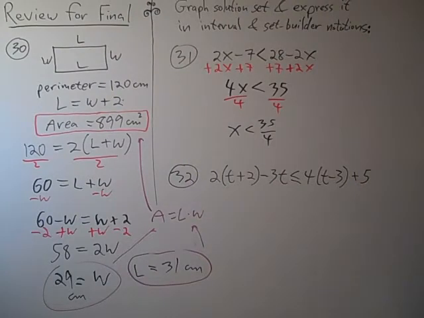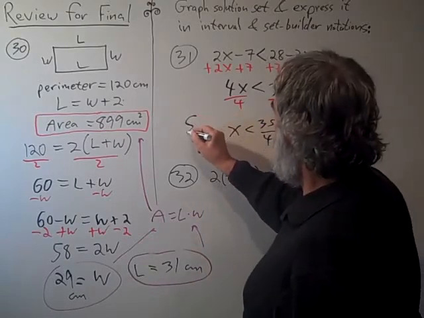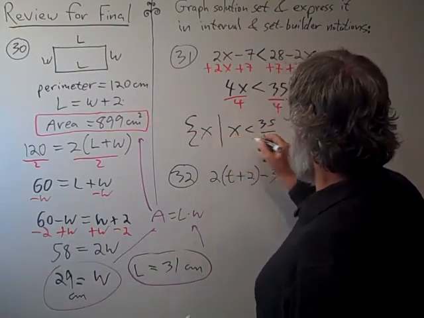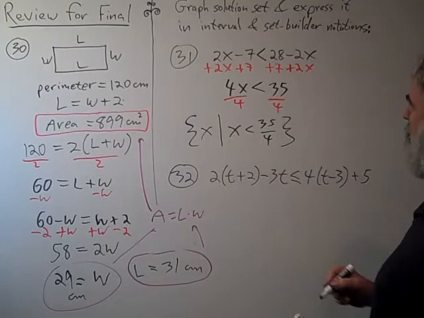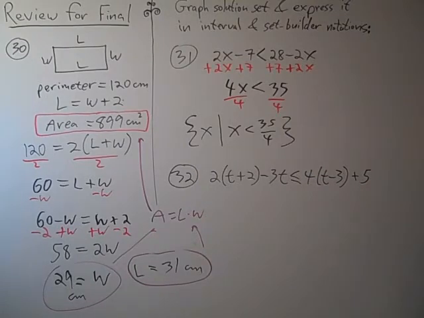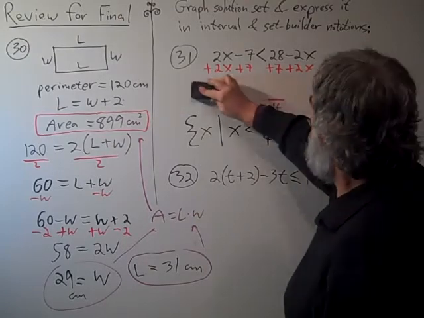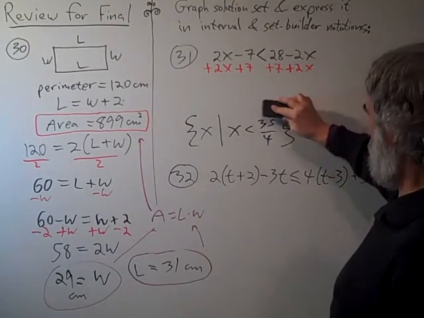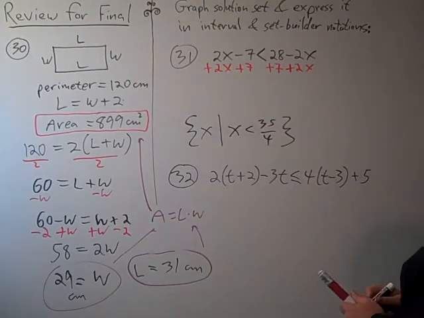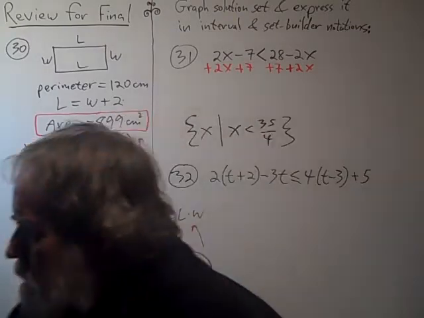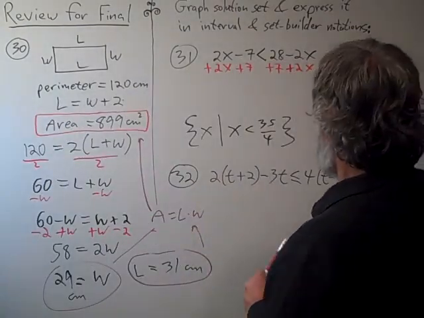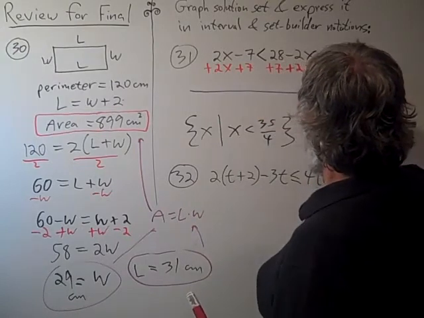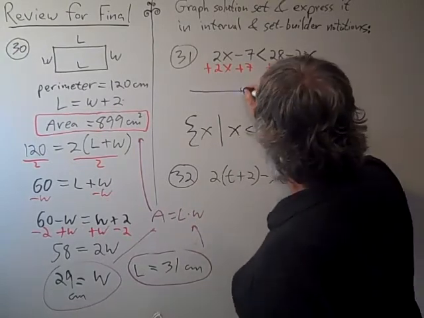So in set builder notation, this is the set of all x such that x is less than 35 fourths. And to graph this solution, we need a number line first. And here's 35/4.